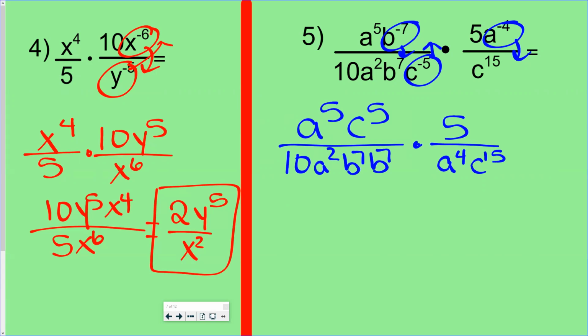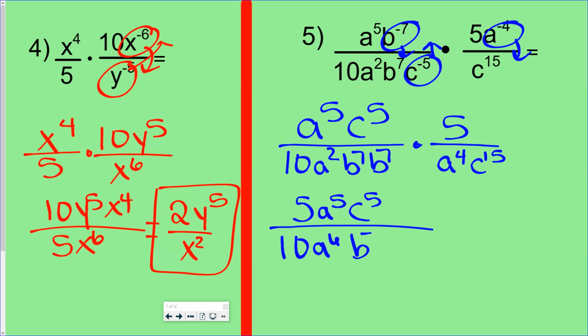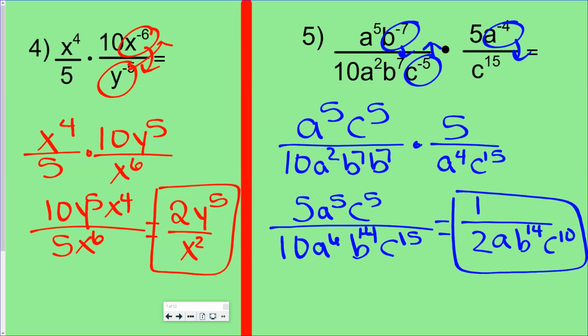So on top, I'm going to have 5, A5, C5. On the bottom, I'm going to have 10, A6, B14, and C15, which then simplifies to 1 over 2. A1 goes on the bottom, B14 is on the bottom, and C10 is on the bottom. And that's my final answer.